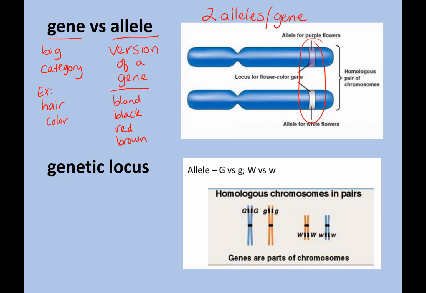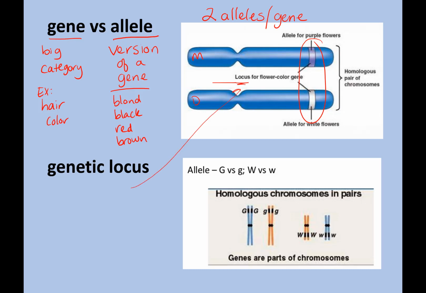So here, shown on these homologous chromosomes, this could be mom and dad. This flower has a purple allele and a white allele. Homologous pairs mean they're coming together and they have the similar genetic information, but they're not identical.